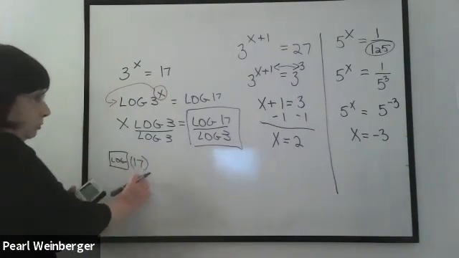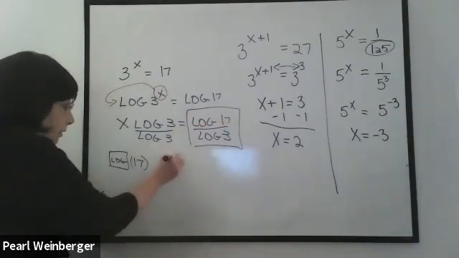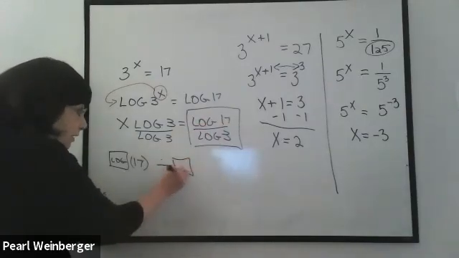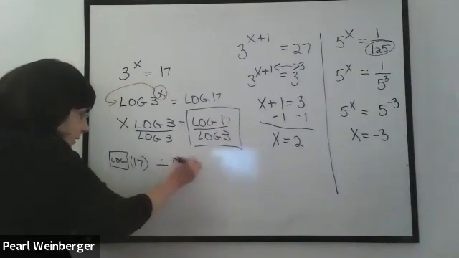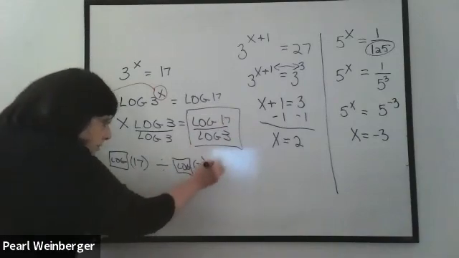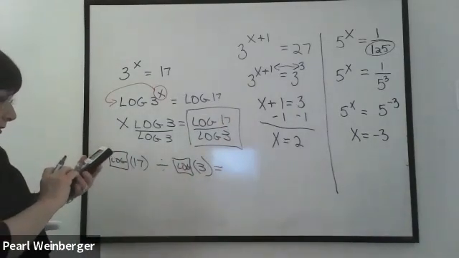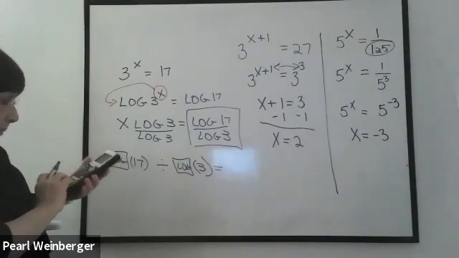Make sure you close the parentheses. Divide, because it says over. Then press my log button again, and it'll open up a parentheses, so I'll put in 3 and close my parentheses and press equal.